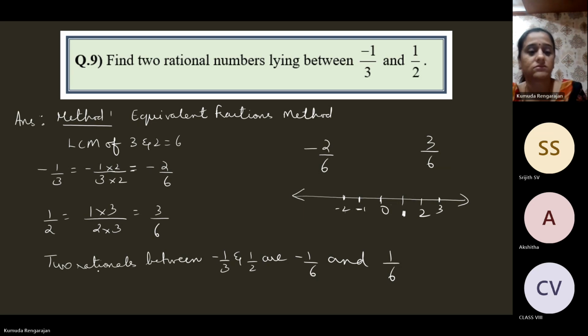Okay. So the other method is the mean method.